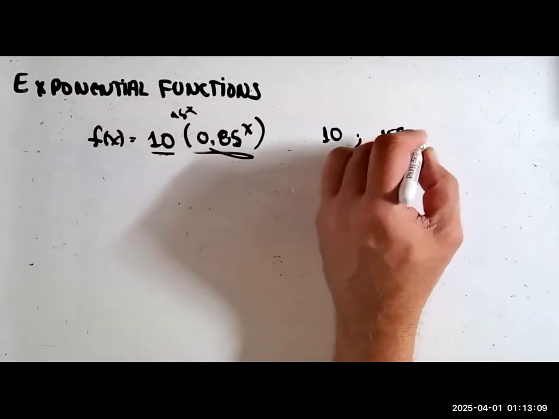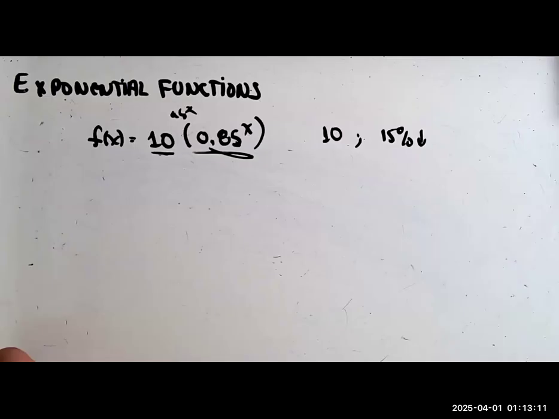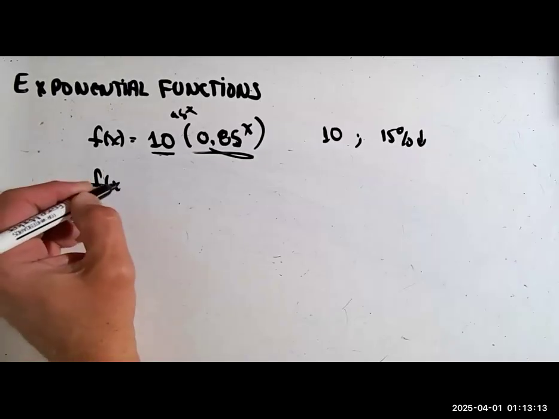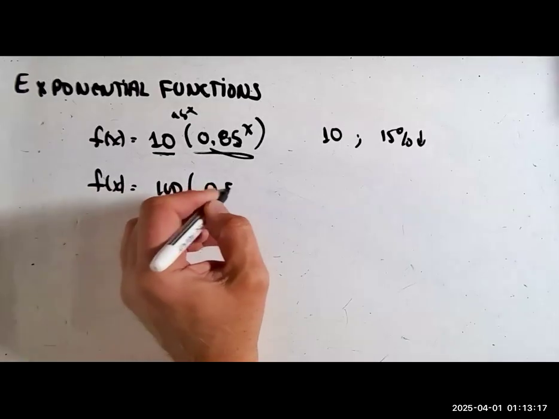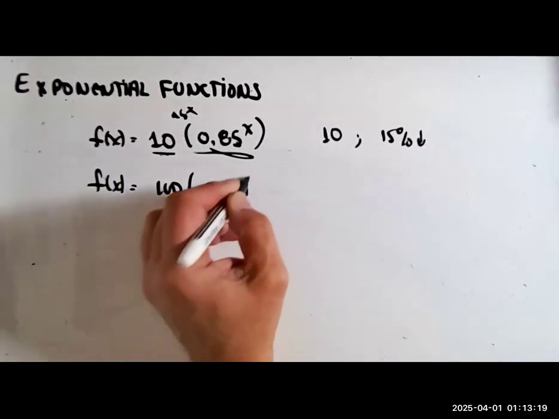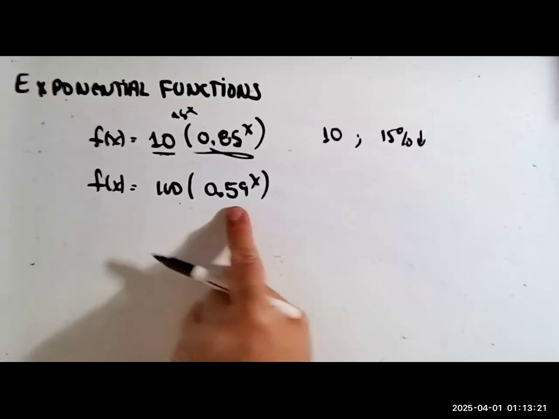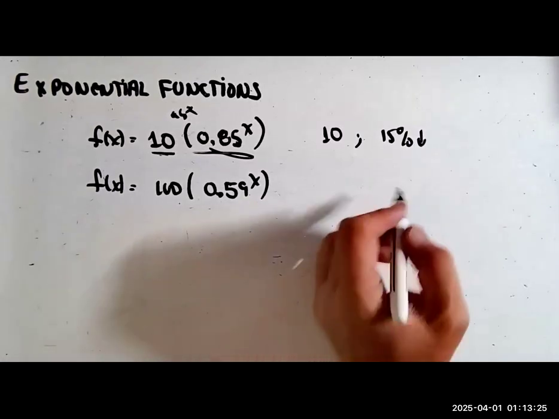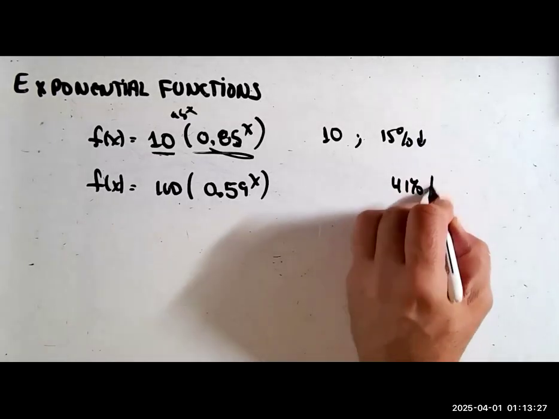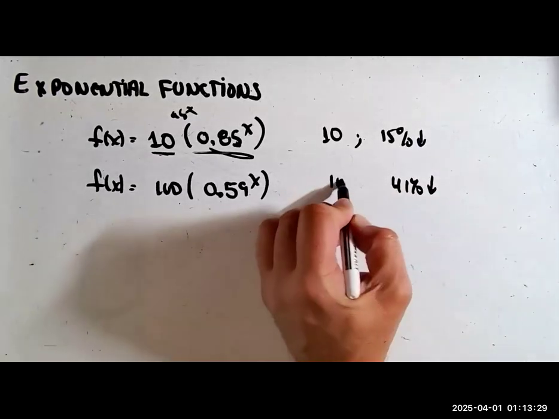At 15% decay. If I have f of x equals 100 parentheses 0.59 to the x, the base here is 0.59, so this one decays at 41% decay.